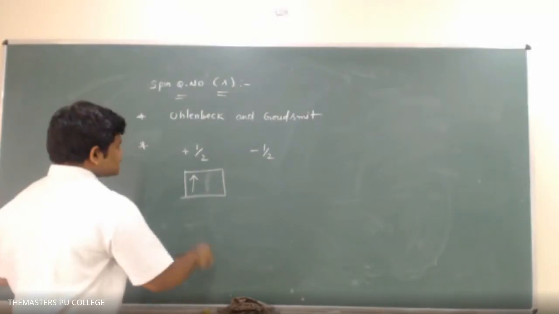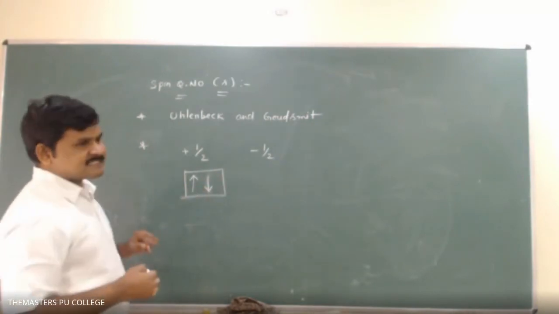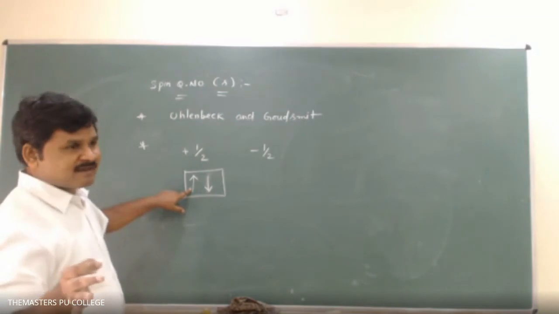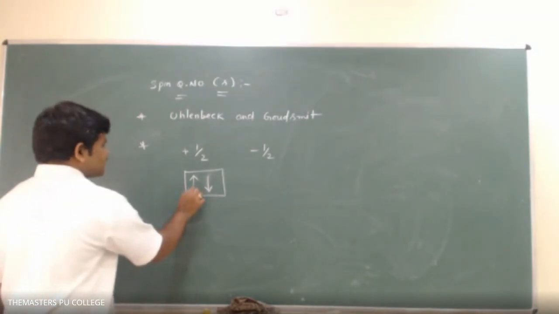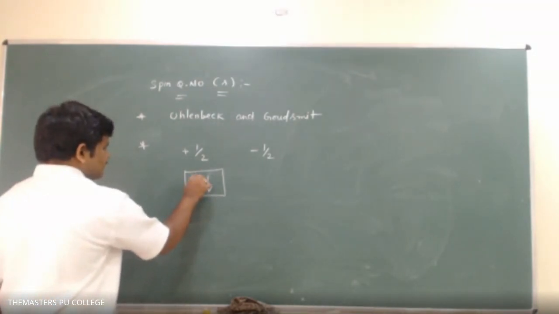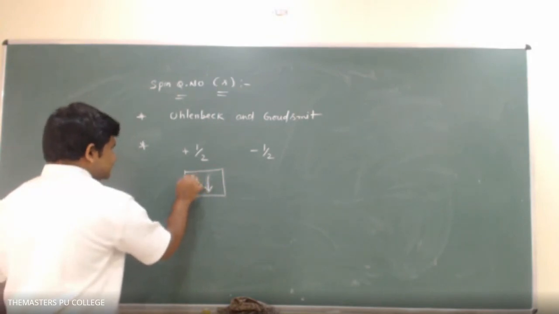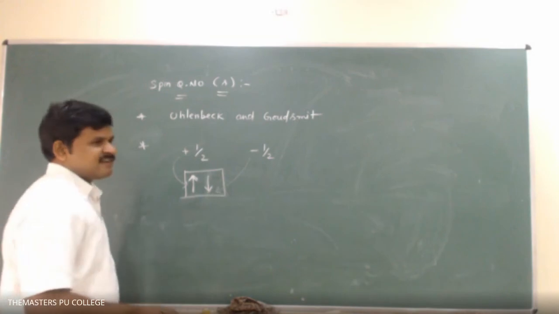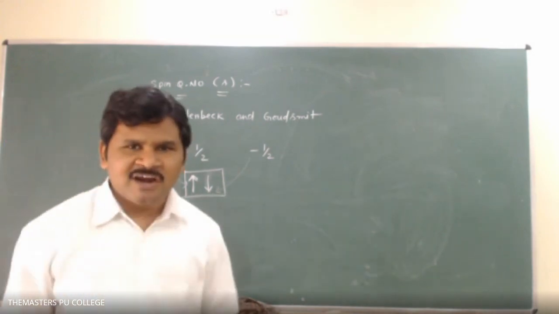Spinning should be opposite. So if the electron revolves around the nucleus in this direction, we can say it is a positive value, and in this direction, a negative value. That's all. Those two values you have to remember.